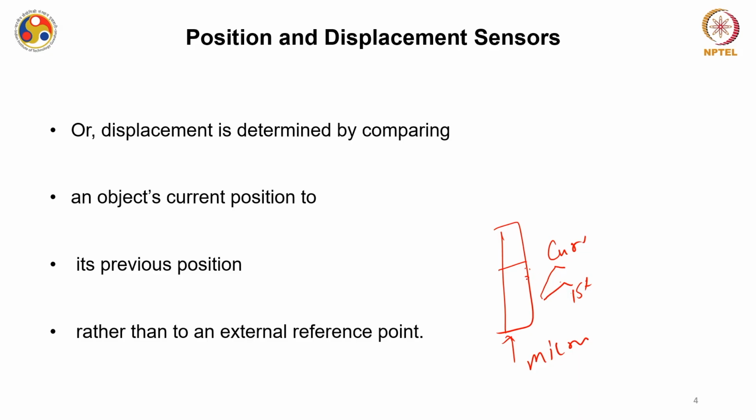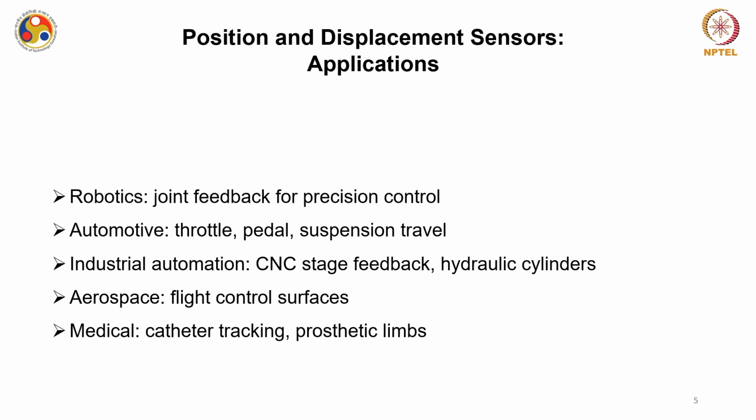This is the external reference point I am talking about. I can talk about the movement of the cantilever with respect to this point, or I can talk about its current position with respect to its original or previous position. If I know the previous position, I do not require any external point. So the displacement is determined by comparing the object's current position with its previous position rather than any external point.